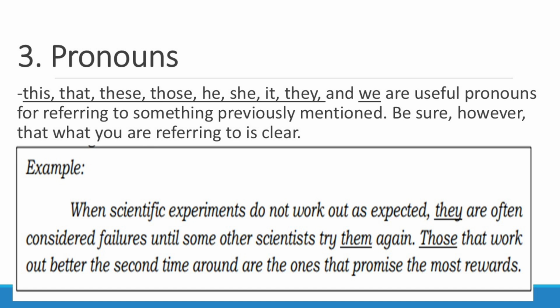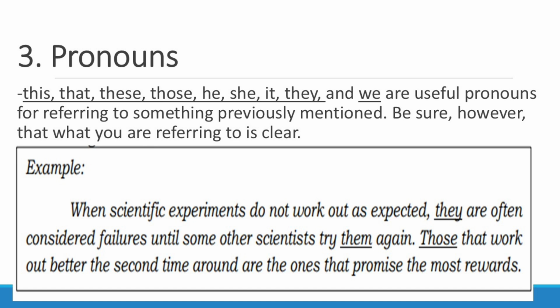And third, we have pronouns. This, that, these, those, he, she, it, they, and we are useful pronouns for referring to something previously mentioned. Be sure, however, that what you are referring to is clear. In our example, we have, when scientific experiments do not work out as expected, they are often considered failures until some other scientists try them again.